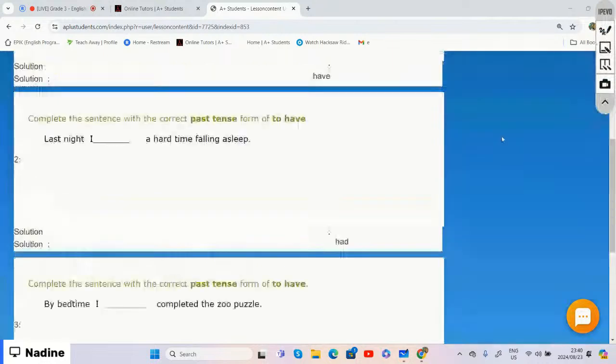All right, again, we have to complete the sentence with the correct past tense form of to have. Do we say by bedtime, I completed the zoo puzzle? What is the correct form?